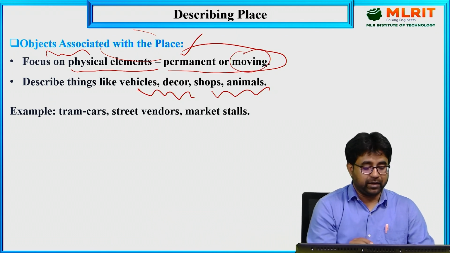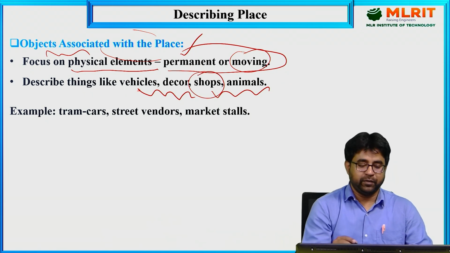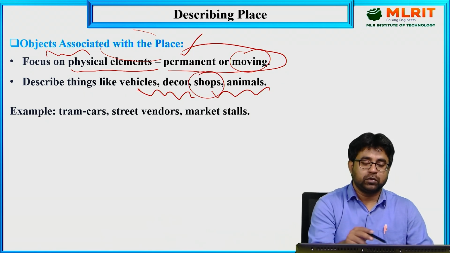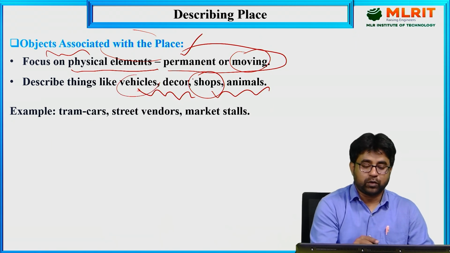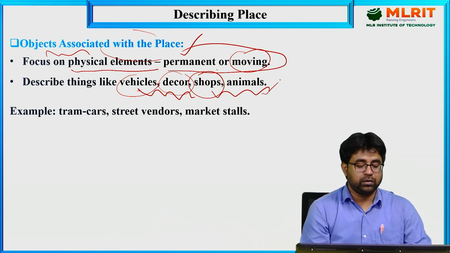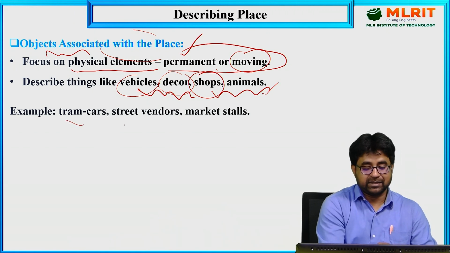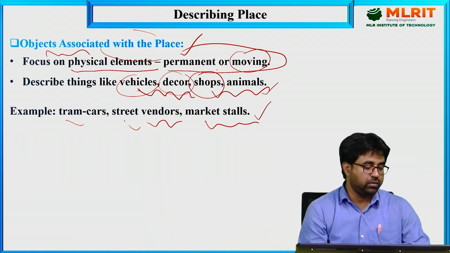They are moving. But there might be certain other things like shops, which are permanent features of the place. So you can talk about those things also. About the vehicles, you can talk about the decor, the shops, the animals, all those things. Tram cars, street vendors, market stalls, all these details you can include in the descriptions.